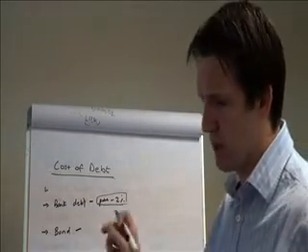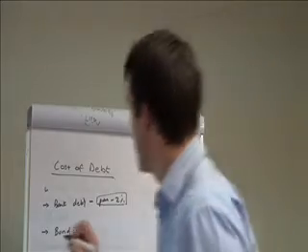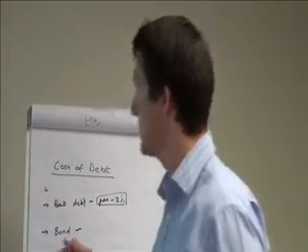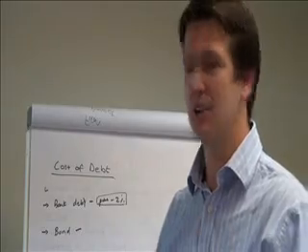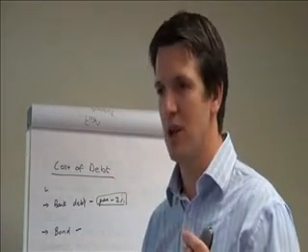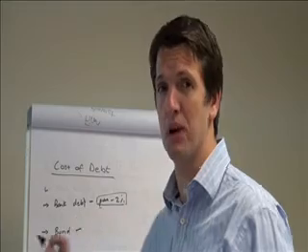How do you deal with the bond? What you need to do with the bond is, there's a couple of components, and we're going to spend 5 minutes now just understanding how to calculate the cost of a bond.